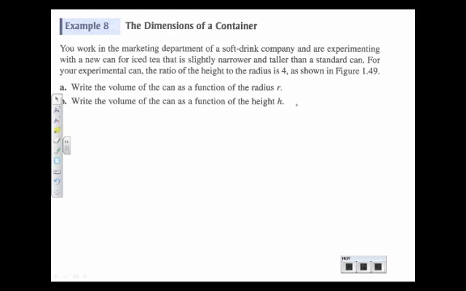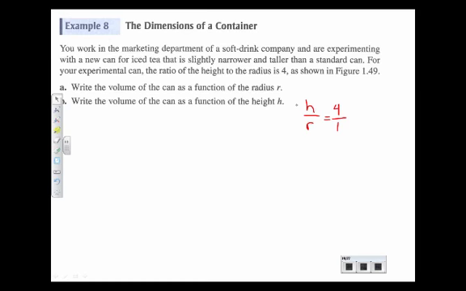So height to radius is 4:1. Write the volume of the can as a function of the radius r. What we want here is v equals something with r on the other side.